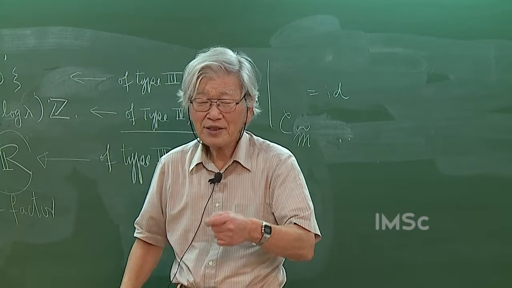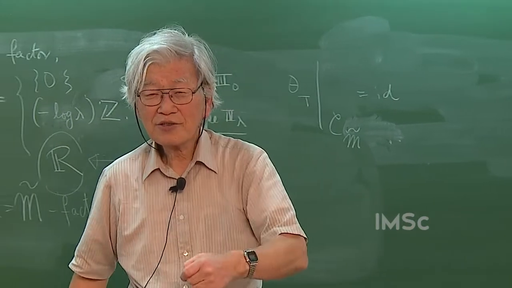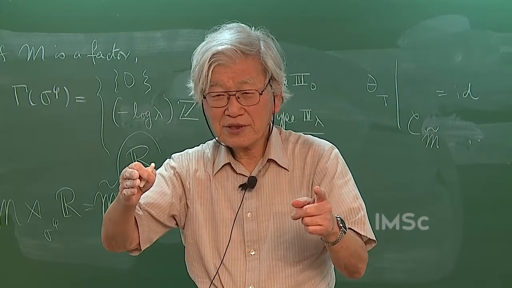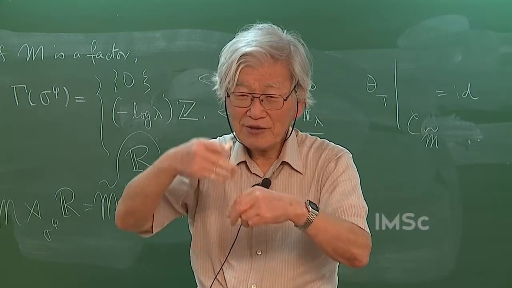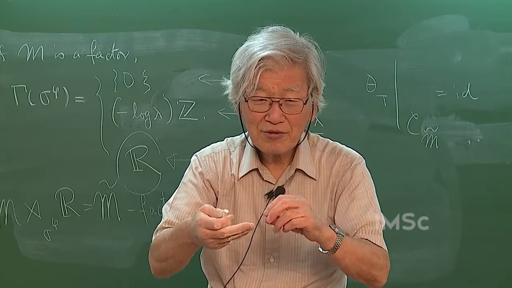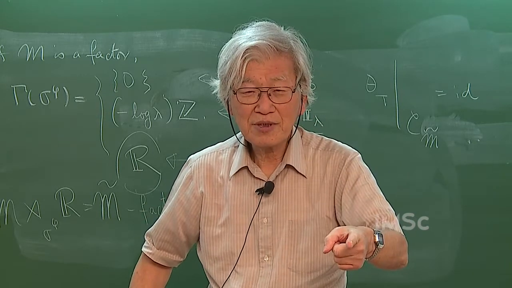Okay? And yet, it has to be ergodic. That means a compact abelian group acting periodically, and ergodic means it's transitive.